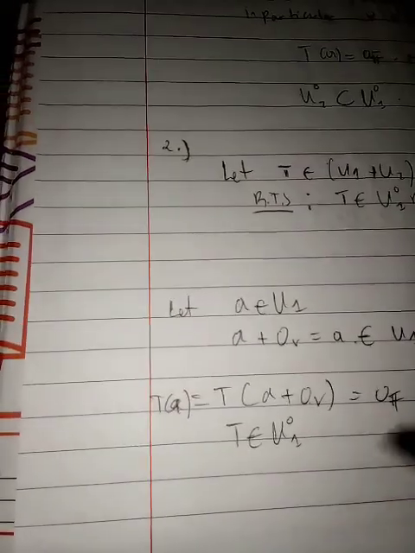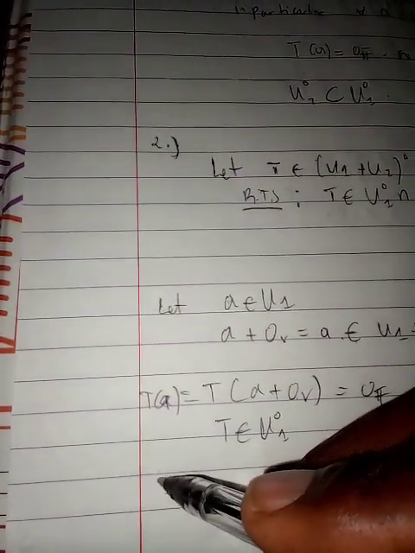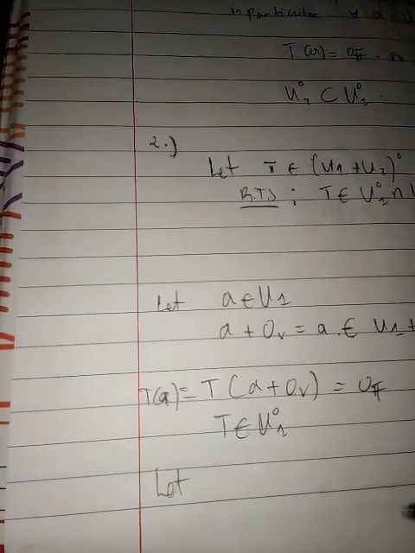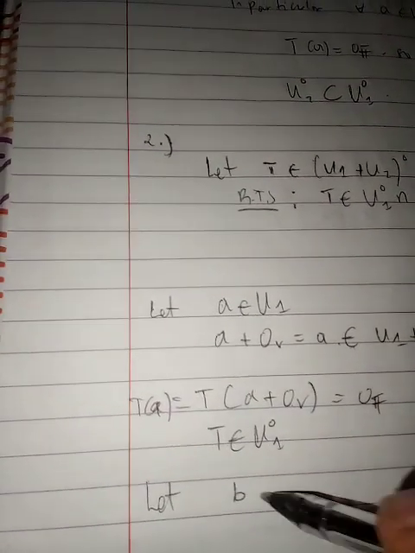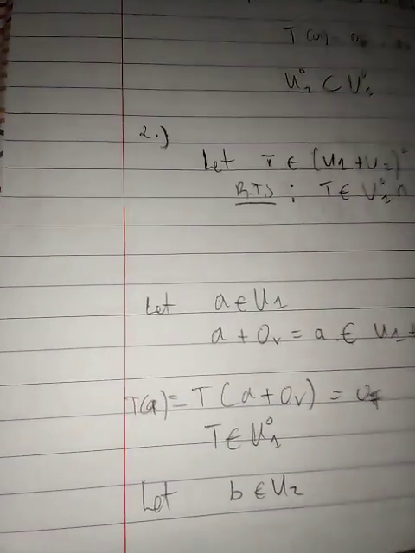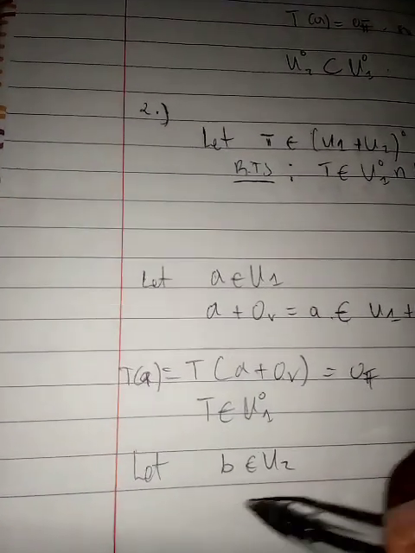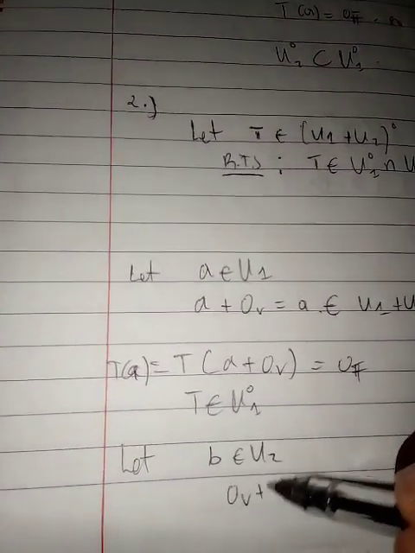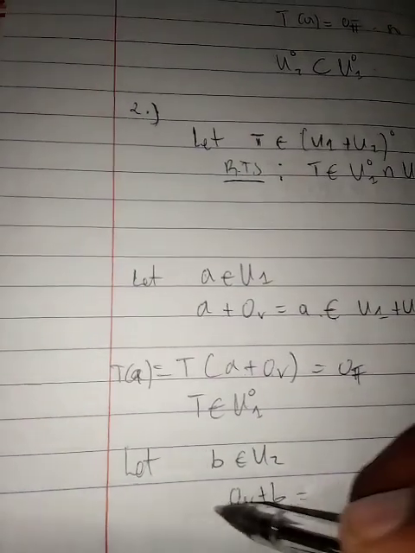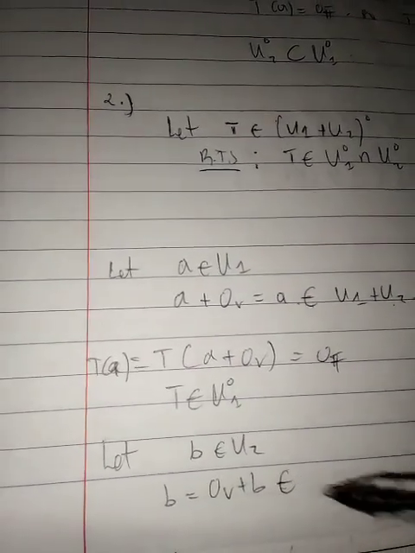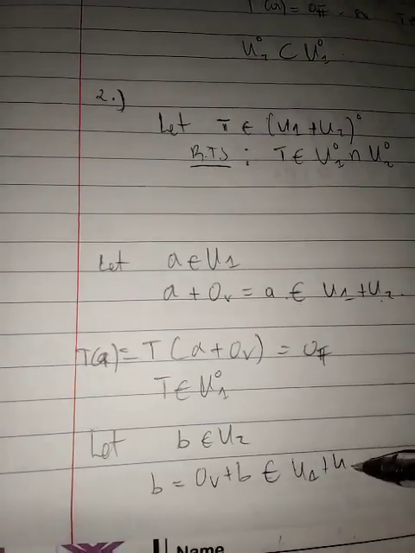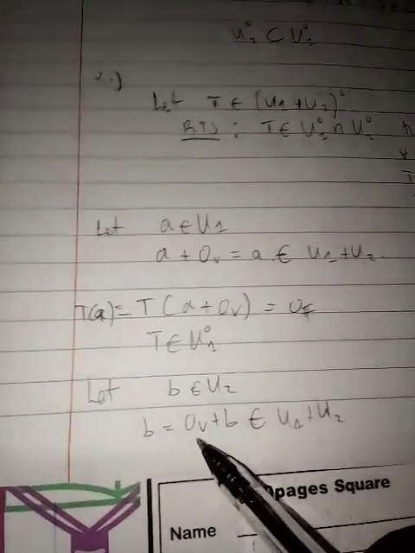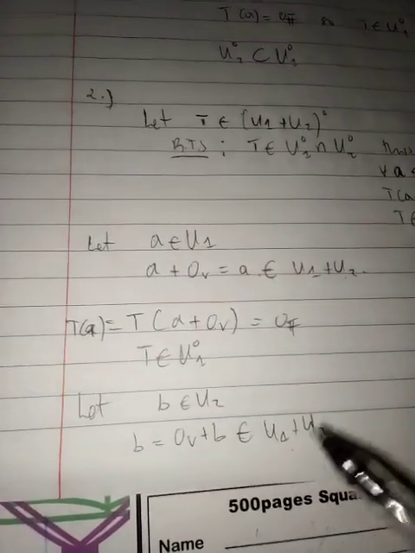Similarly, we can let b be an element of u2. Then 0v plus b is an element of u1 plus u2, where the 0 now belongs to u1.